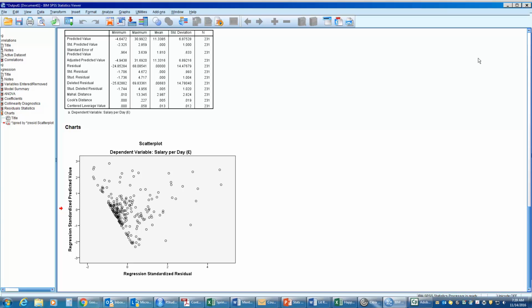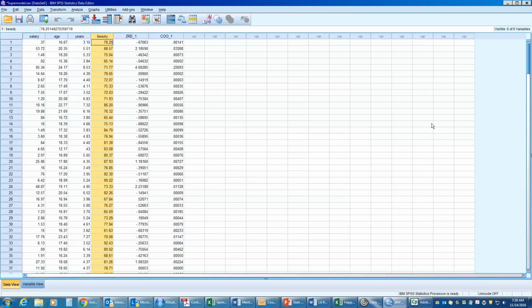Because this is not our research, when you ask for standardized residuals and Cook's distance and wish to examine these individually, you can do so here. If I was looking for values larger than 1 for Cook's distance, I could sort these descending, so I'd have the largest value at the top.